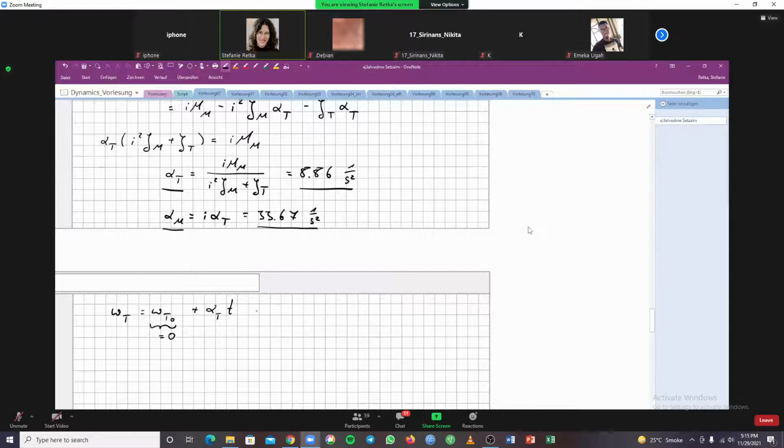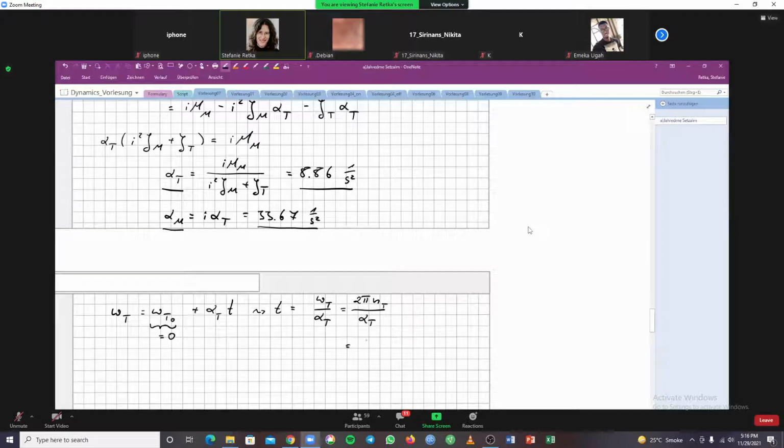And from here, we can compute the time that is needed to reach the nominal speed. Omega, the angular velocity, is equal to 2 pi n over alpha t, and the nominal speed is given with 250 per minute. Then we have to convert it into seconds.